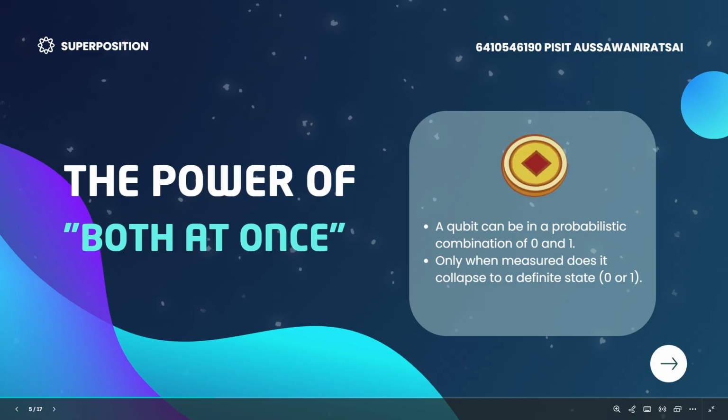It's only when we measure or observe the qubit that it collapses into a definite state, either 0 or 1. This both-at-once nature allows quantum computers to explore many possibilities in parallel.